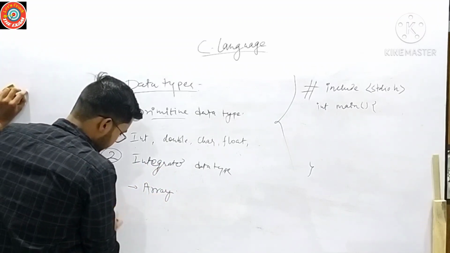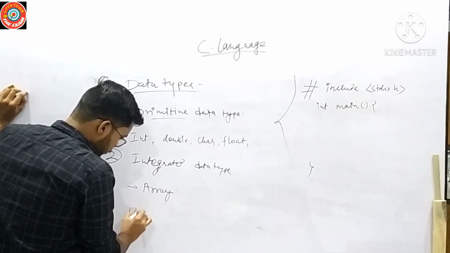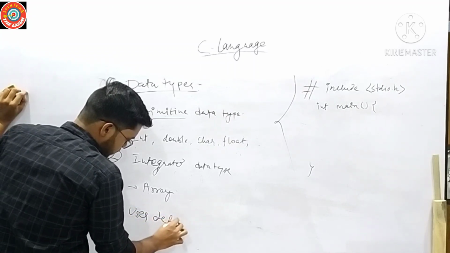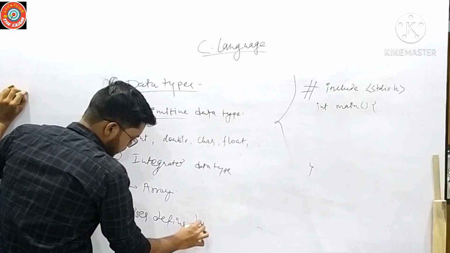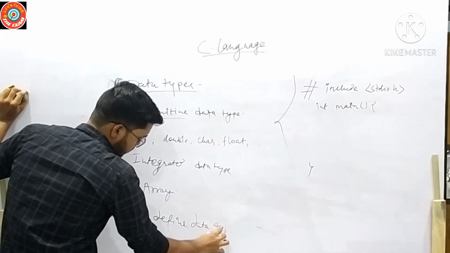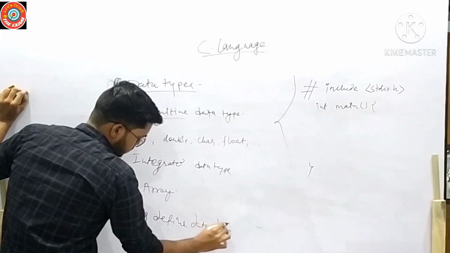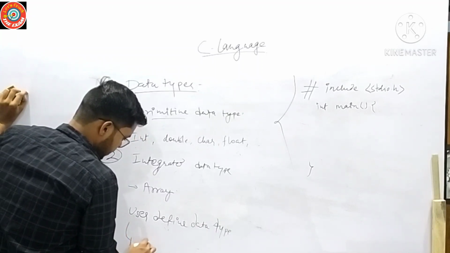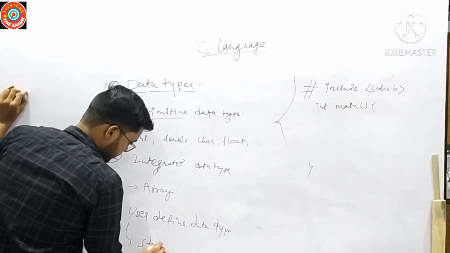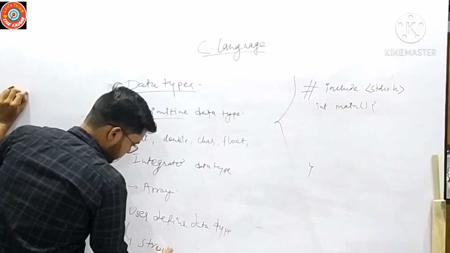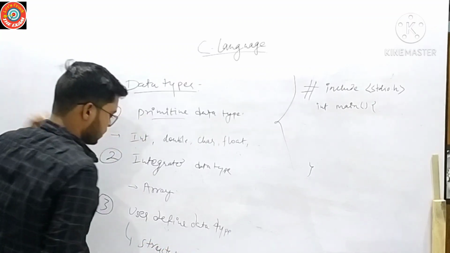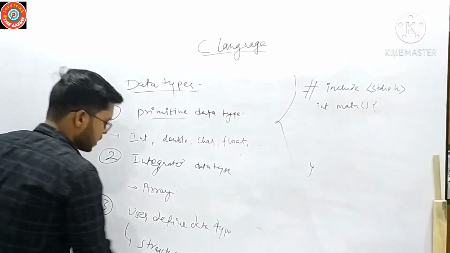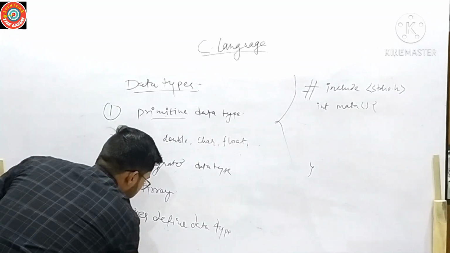And third is user defined data types. Structure, for example, structure. We can use structure for user defined data types.